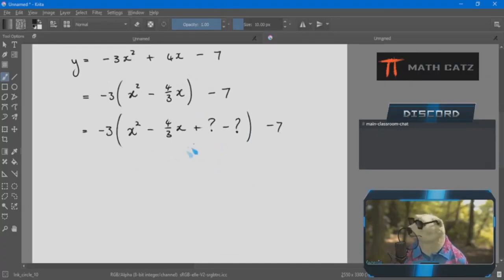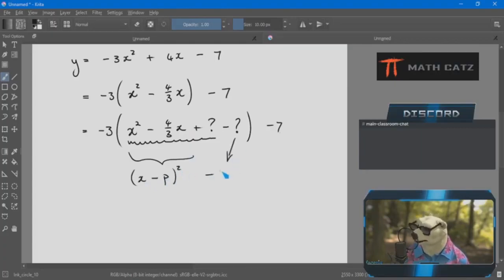I don't know what that number is yet, but I know that these 3 terms with the correct question mark will become x minus some number p squared. I still have this guy. They're still in large brackets. The negative 7 is still there. The negative 3 is still in front as well.